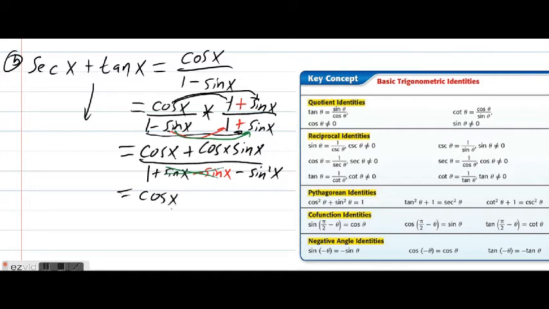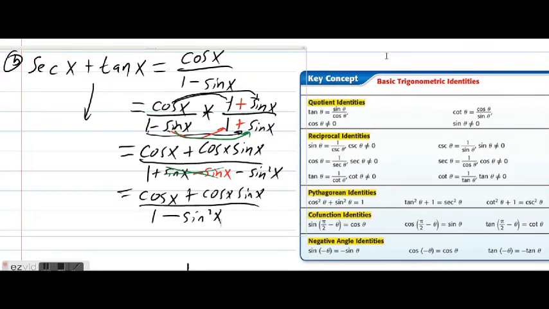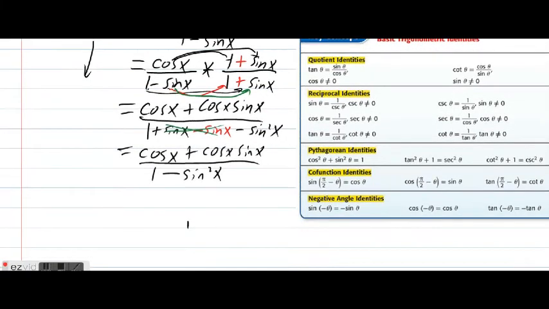Cosine of x plus cosine of x sine of x all over 1 minus sine squared x. So far all we did was just algebra. That's all we did. We have yet to do any trig here. Now comes the trig. I see 1 minus sine of x.